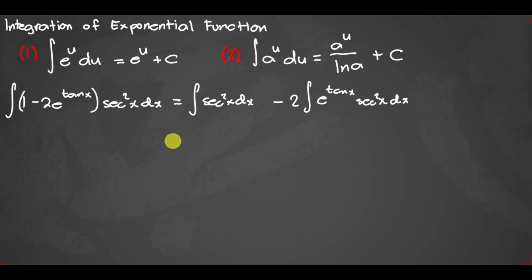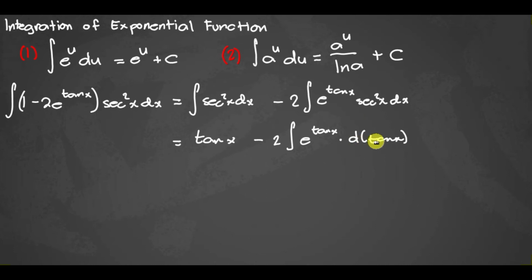Now, we already know that the integral of secant squared x dx is simply tan x. In the second term, we have negative 2 times the integral, and applying the derivative of tan x, that is e raised to tan x multiplied by d tan x.